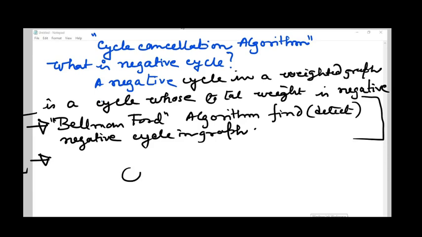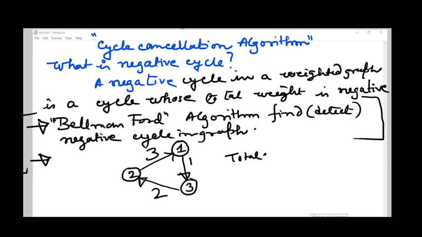One graph is given to you like this. 2, 1, 3. So this weight is 3, this is 1, this is 2. The total weight is 3 plus 1 plus 2, which is 6. So no negative cycle here.